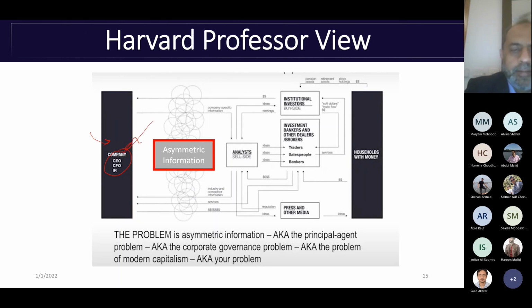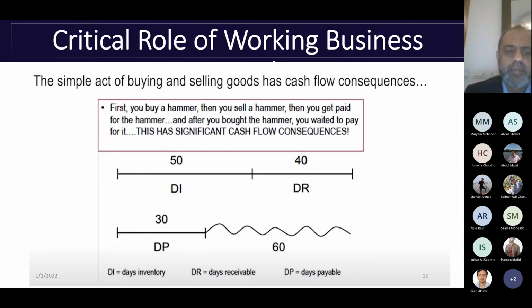Sir, that is understood, but I'm just asking if it is some specific word which comes out from AKA? Also known as. Thank you. Also known as the principal agent problem, also known as the problem of modern capitalism.